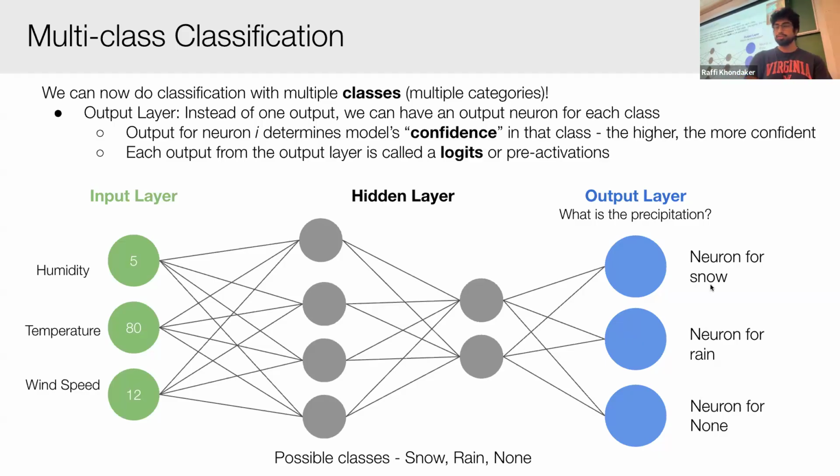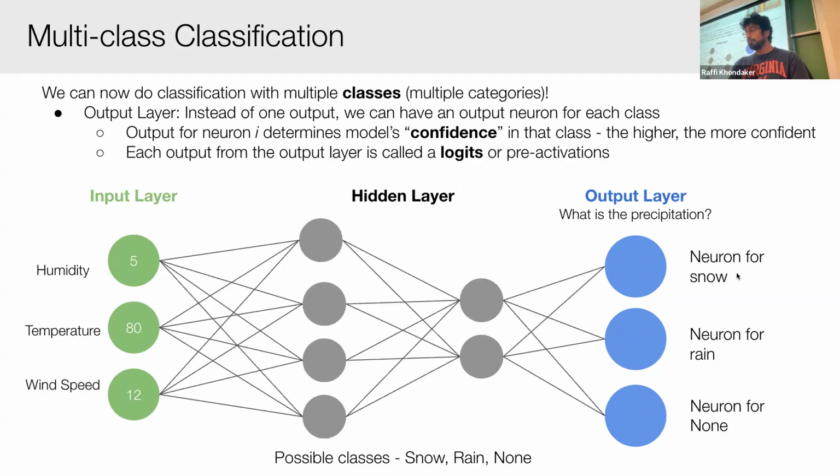So we still follow our same structure of inputs feeding into hidden layers of neurons, which feed into output layers. But we have a little bit more vocabulary. In this case, the output for each output neuron is a confidence value between 0 and 1 for that category. I'll go into logits in a little bit.